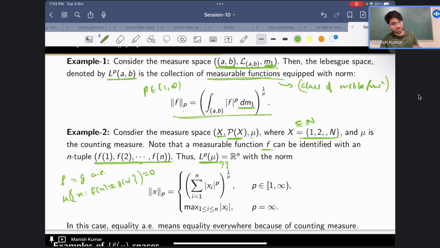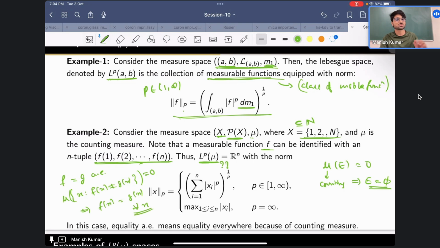Counting measure means how many elements are there, so mu of E equal to 0 means E has no elements; that is, E is empty. So f(x) is equal to g(x) for all x.